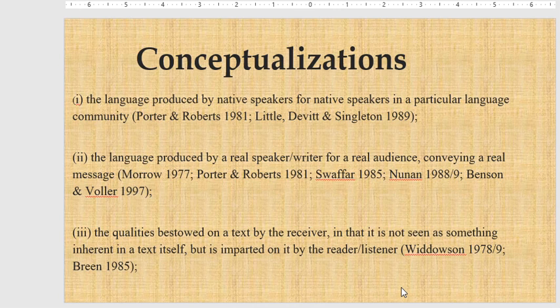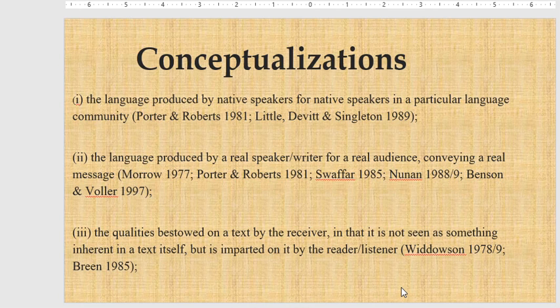The native speaker has contrived or concocted a sentence, not for a real purpose, but for an educational purpose. It's not bad to create sentences, utterances, or messages for educational or instructional purposes. But authentic material means language produced by a real speaker for a real message, for a real hearer.